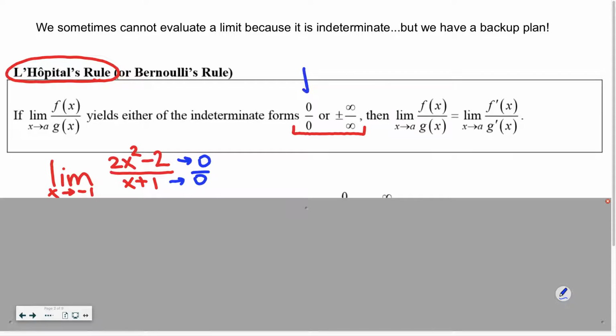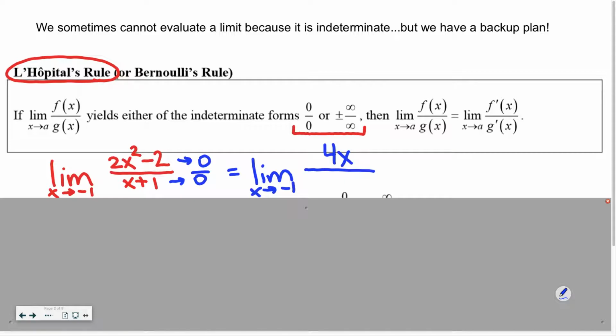That's one of our indeterminate forms. So we can use L'Hopital's rule to write this as the limit as x approaches -1. What is the derivative of 2x squared minus 2?